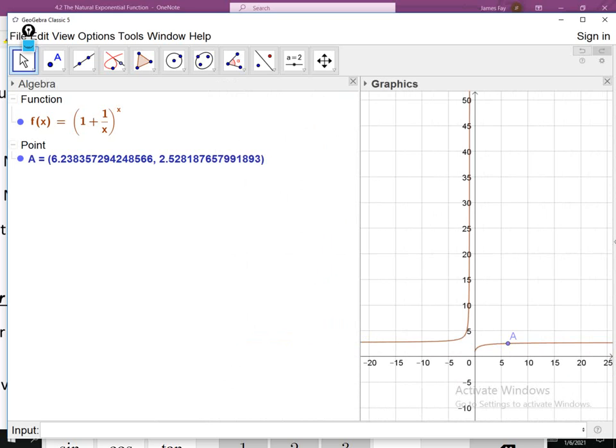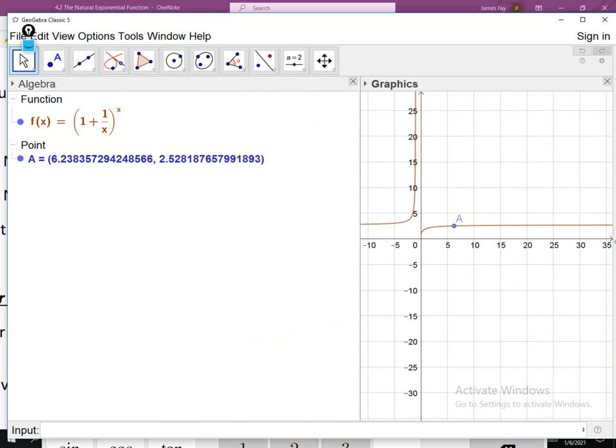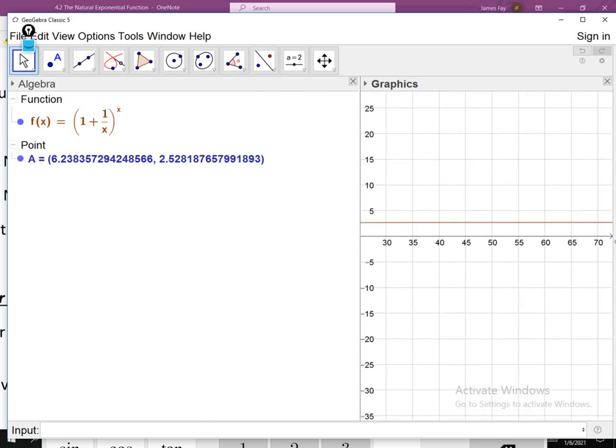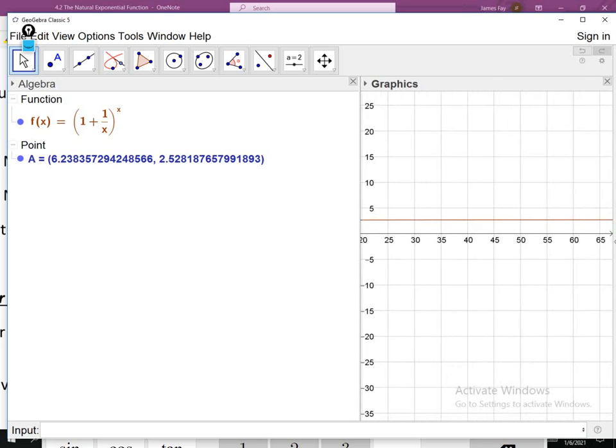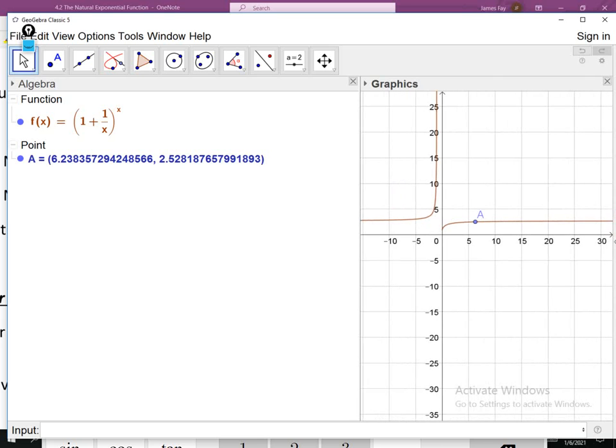All right, so what he was interested in, if we're looking at this curve, this is (1 + 1/x)^x. As x gets larger, okay, as x goes out greater and greater on the x-axis, what is happening to this y value? So basically, as this x-coordinate gets bigger, what is this number getting closer to?